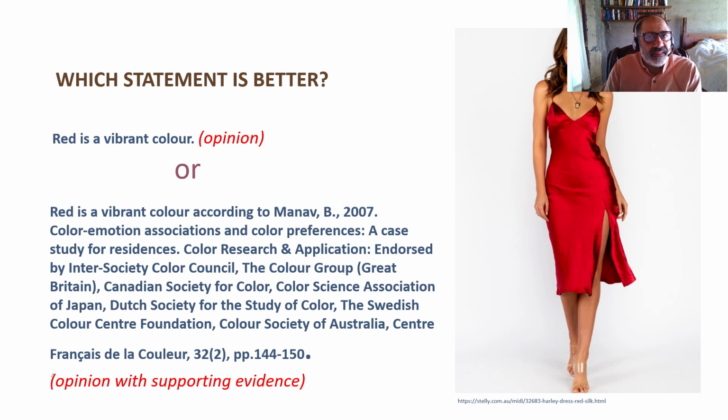Okay, have a look at this one. Which statement is better? If you're a teacher and you got two answers, student A gave you the answer that red is a vibrant colour. That's the student's opinion. Or you got this one: red is a vibrant colour, according to Menev 2007, colour emotion associations and colour preferences, etc. This is an opinion with supporting evidence.